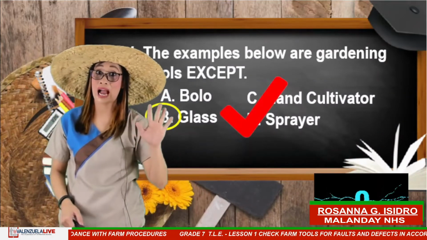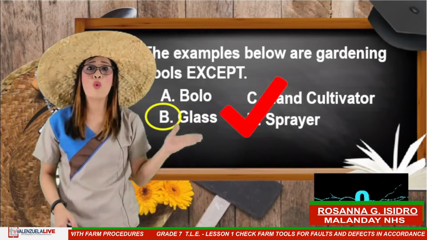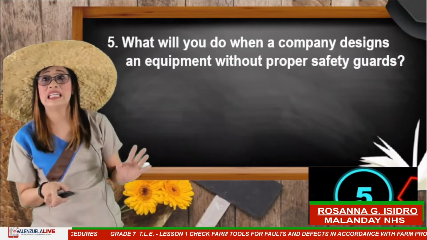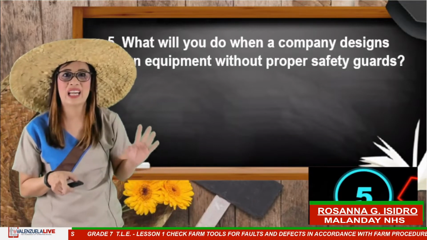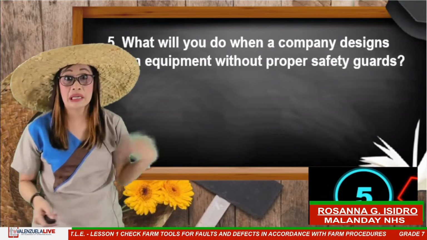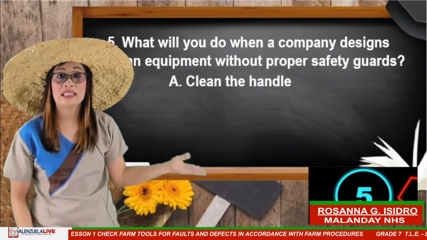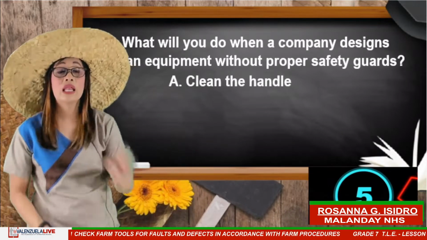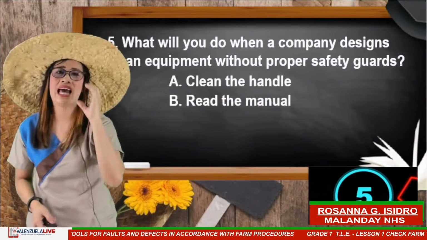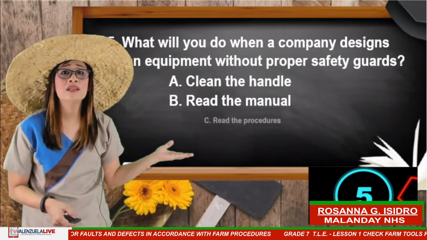Number 5, last number. What will you do when a company designs an equipment without safety guards? It is letter A, clean the handle. Letter B, read the manual. Letter C, read the procedure.